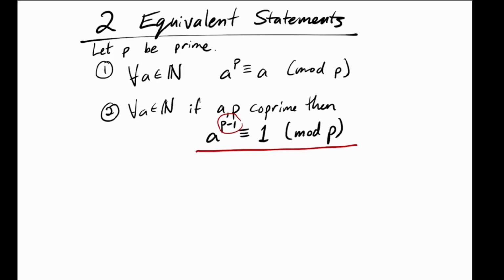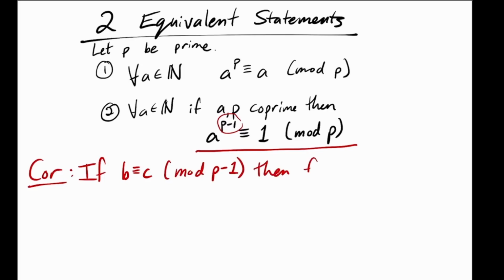And in fact, it's going to give us a really nice corollary to the Fermat theorem, which is that if b is congruent to c modulo p minus 1, then, for all a co-prime to p, we can write the following.